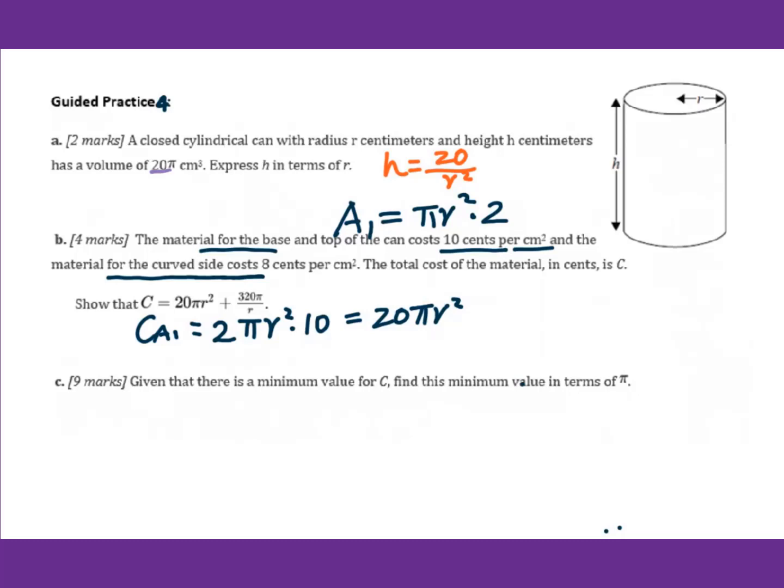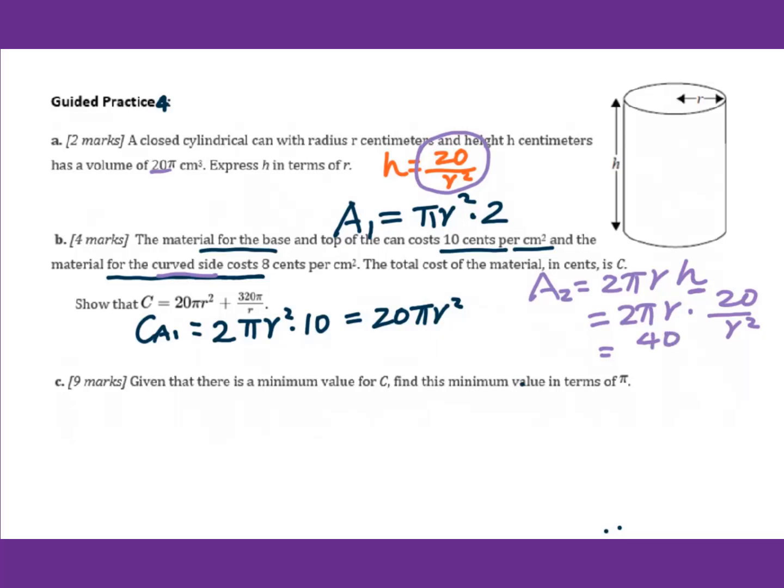For the curved side surface area, we put A2 equals 2 pi r h. But this h, we already got. Plug in 2 pi r times 20 over r squared equals, simplify, you get 40 pi over r.